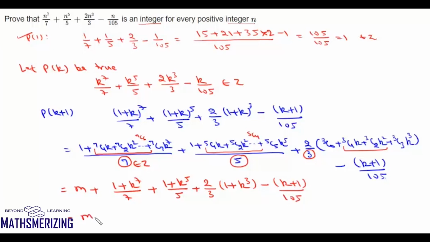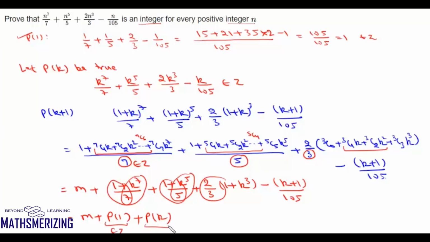So we can write it as m, and then this 1 upon 7, 1 upon 5, 2 by 3 minus 1 by 5, it is nothing but P1, and then plus, now k to the power 7 upon 7 plus k to the power 5 upon 5 and minus k upon 105, it is Pk. Now we know P1 is an integer, Pk is also an integer, and this result is also an integer. So that means Pk plus 1 is also an integer.